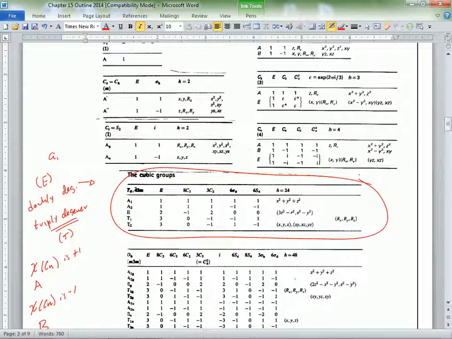Do the sum of all these characters equal a constant times the sum of all the characters of A1? Right? So 3 times 3 is 9 times 3 is 27. Right?